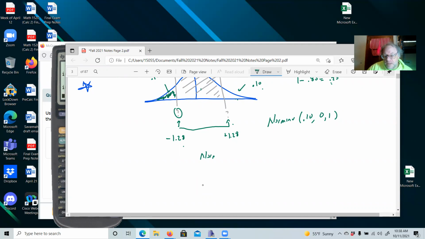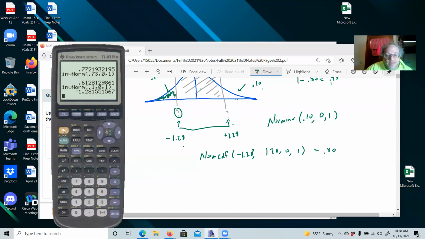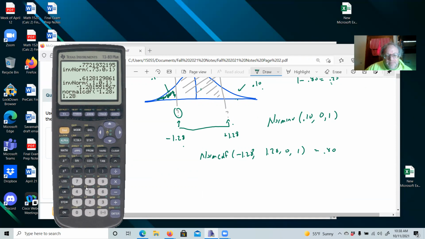Let's check. How can we use these numbers to generate this area? Well, we're going to use norm CDF from the low number to the high number, with the mean and standard deviation. We had better get 0.8 or something very close to it. We type in second function, distribution, normal CDF: negative 1.28, comma, 1.28, comma, 0, that's my mean, comma, 1, that's my standard deviation.